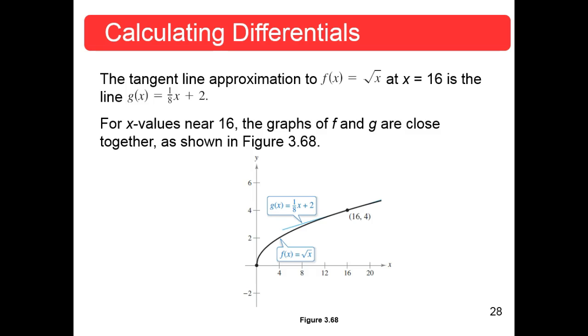And you see this is a pretty small scale. That would be 18 right there. That would be 17 there, 16.5 is right there. Not far off at all. And this function is the 1/8 x plus 2. Where did they get the 2? Okay.